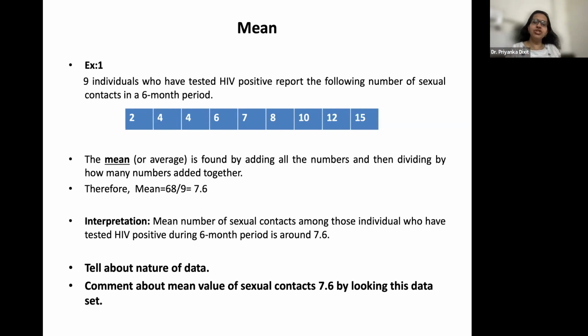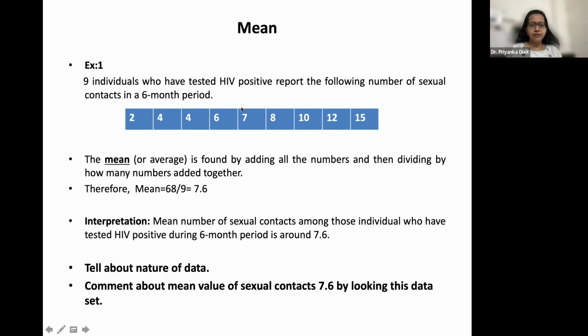Interpretation is, on an average, sexual contact during the last 6 months by HIV tested people was 7.6 times. Okay, this is okay. So mean is clear.